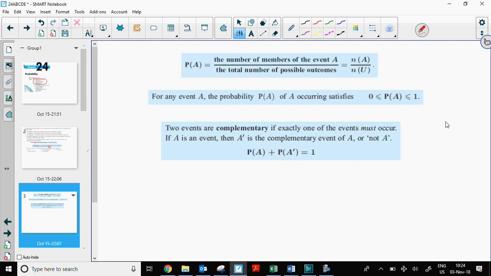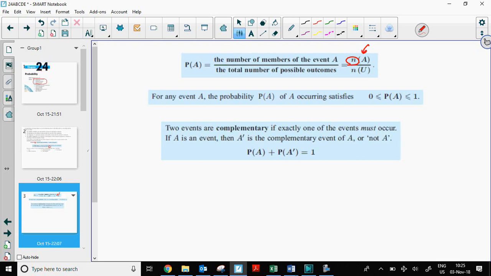And guess what? There's no interesting problem from section A and B. We're already in section C. So now we have the theoretical probability being defined up top, P of A. And it's being defined as the number of members of the event A divided by the number of possible outcomes. Here notated as N being the number of events in A divided by the number of events in U, the universal set.